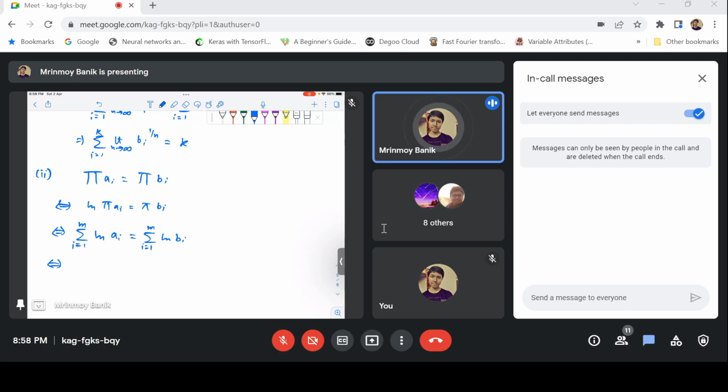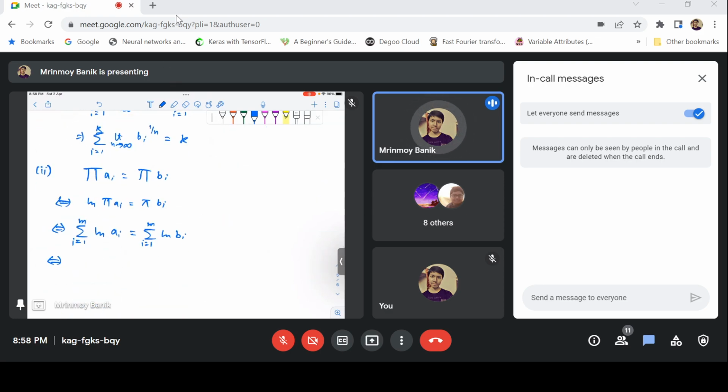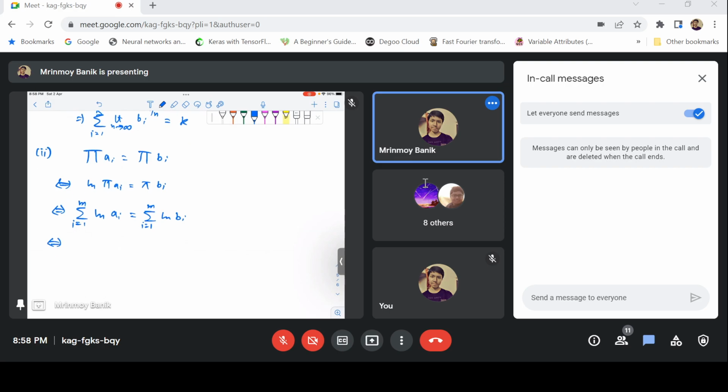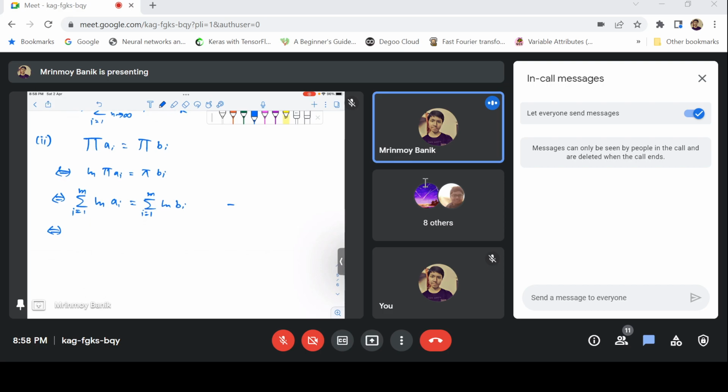Since we have already shown m equals k, how to show these two are the same? Sorry, this is the product over ai. So now 1 by n. We have to somehow introduce n here. Somehow transfer it into this equation.